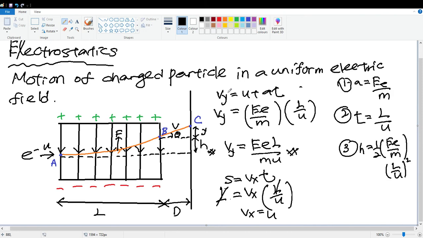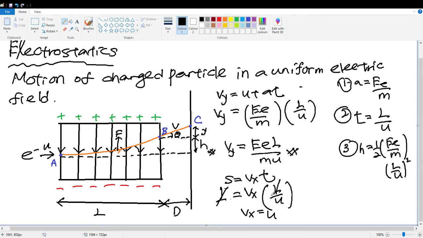Since v equals u plus at, for this vertical velocity, since my initial velocity is in the horizontal motion, my u is actually 0. My acceleration is actually eE over m. So this t is actually L over u. So what I get is eEL divided by mu. So this is the vertical velocity.